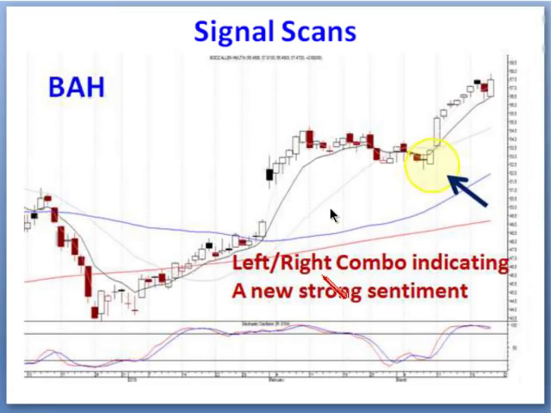So the reason we're showing this is Jeff is going to be showing you different signals or patterns that we've already built into the MetaStock scanning software. But the one thing I profess to people is, out of the 18 major reversal signals, don't try to learn all of them.